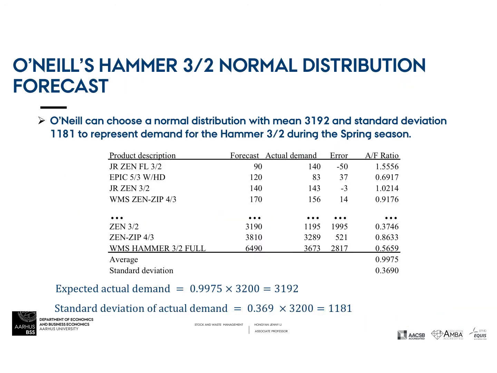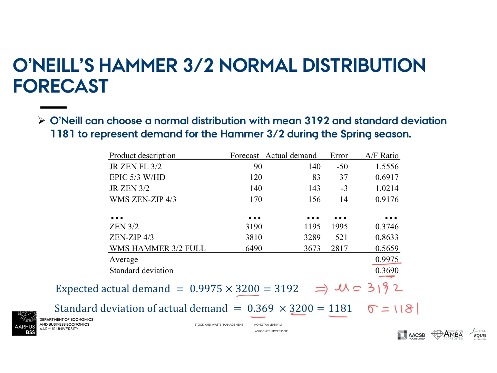Now we summarize the method for the example Hammer 3.2. The average AF ratio is 99.75 and the average forecast is 320. Then you can calculate the new mean, so mu equals 392. And the standard deviation is the standard deviation of your AF ratio times your forecast, and you get a sigma equal to 111.